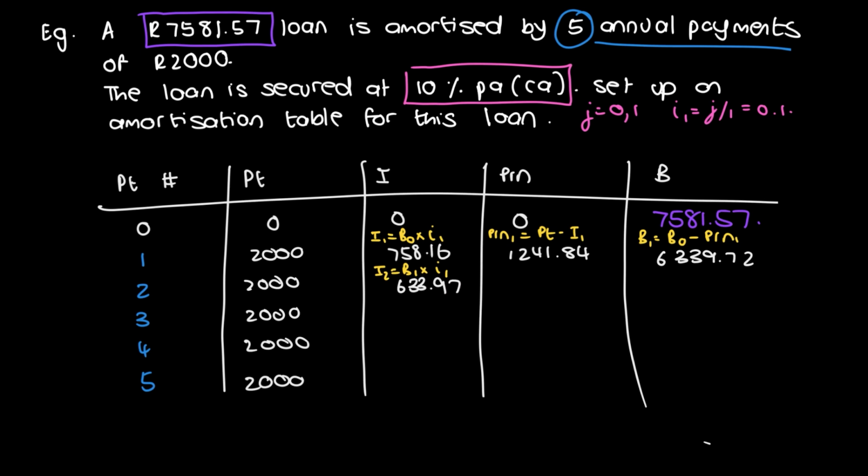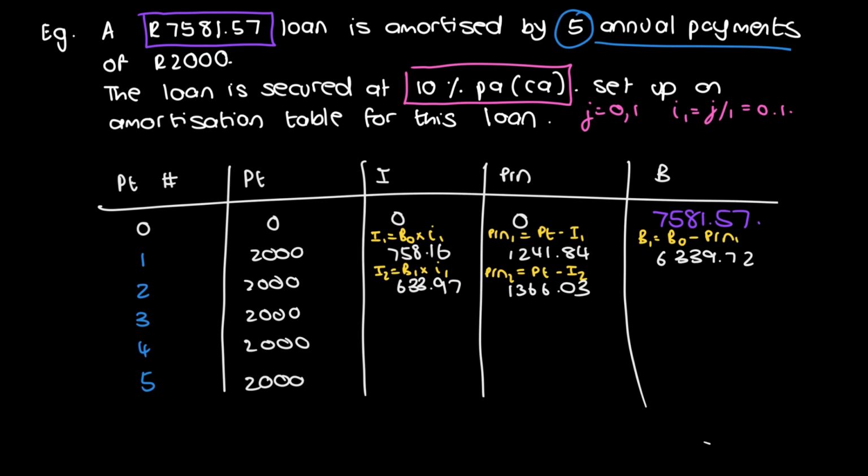Then we're going to work out the principal reduction. So PRN2 is equal to PT minus I2. So that's going to be 2,000 minus 633.97, which is going to give us a value of 1366.03.